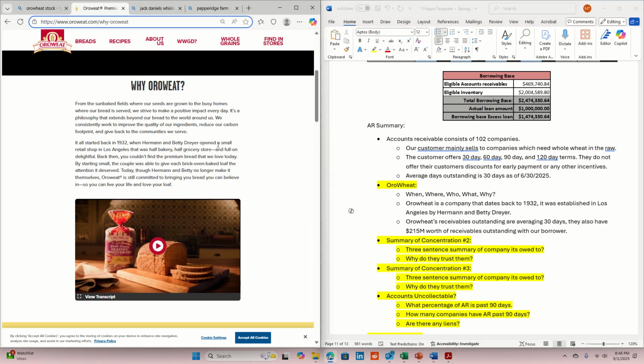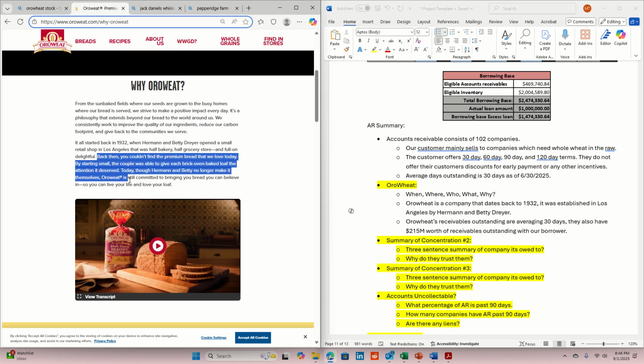Okay, they opened a small retail shop in LA that was half bakery, half grocery store, and full on delightful. Back then, you couldn't find a premium loaf. They started small, the couple baked the loaf brick by brick. Oro Wheat is still bringing you bread you can believe in.